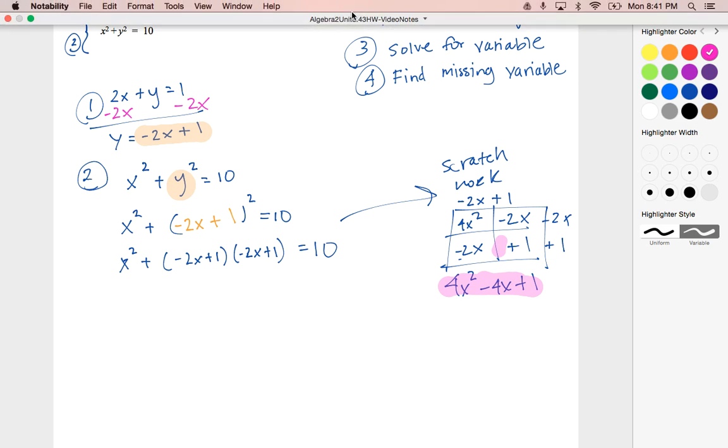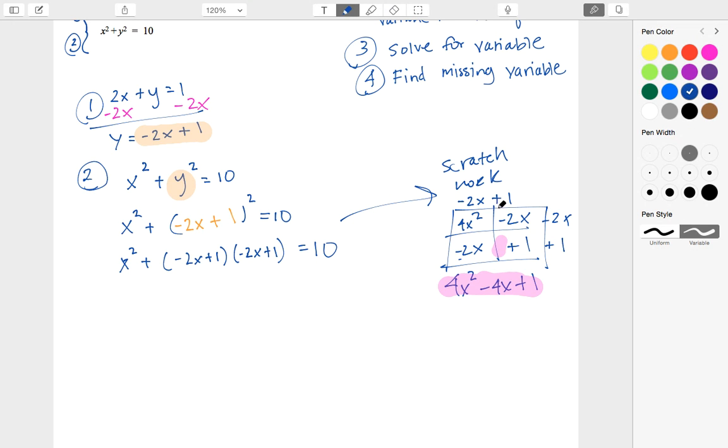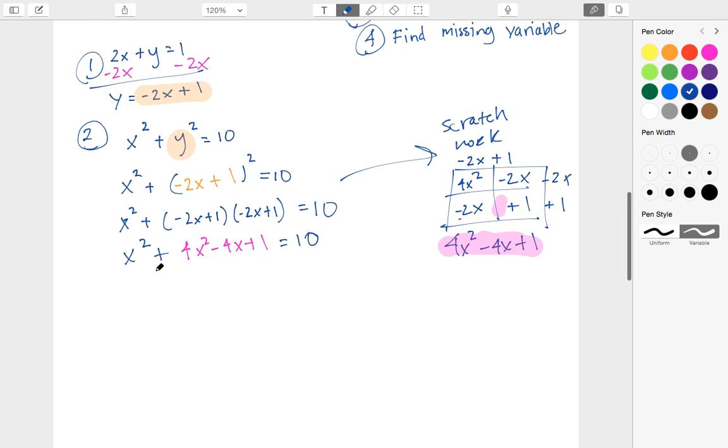So essentially, this right here will become what we input for this new expression. So we have x squared plus our new trinomial is equal to 10. And then we can go ahead and combine any like terms. Well, I can see that x squared plus 4x squared will become 5x squared.